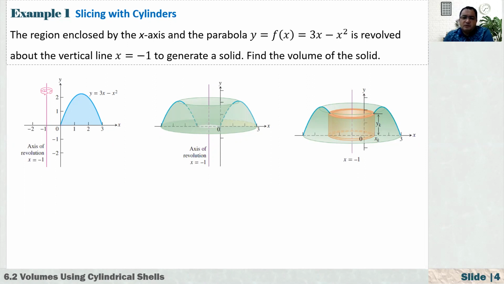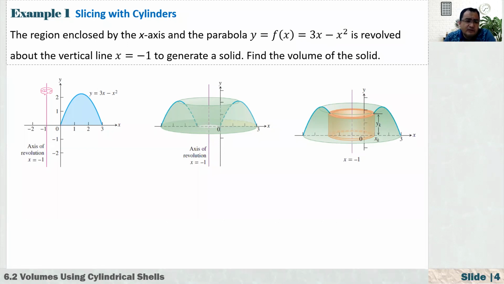So what we are going to do here is consider another case. Our purpose again is to find the volume of a solid which is generated by revolving some region around either the x-axis or y-axis or any line, meaning any horizontal or vertical line.